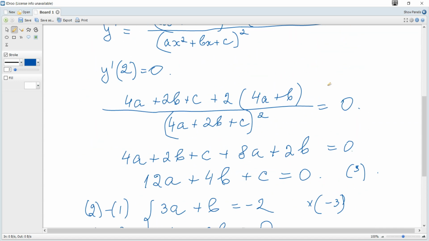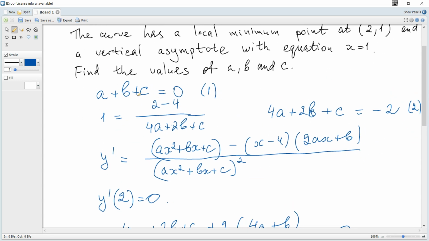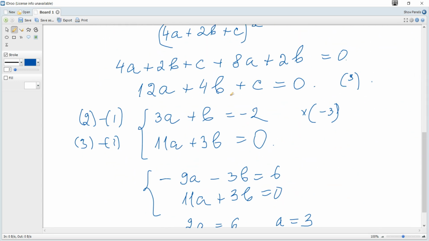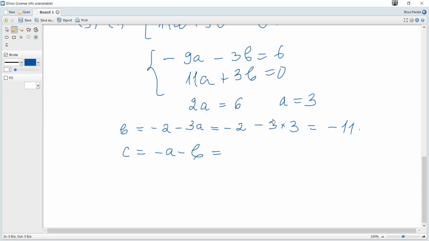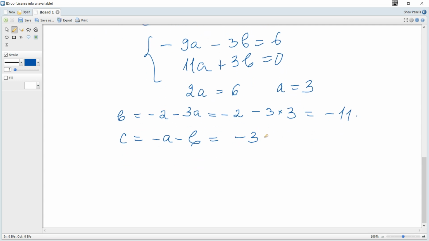And finally c, we can use, for example, this, and you can see that c is negative a minus b, which is negative 3 minus negative 11, and you can see that it's 8. So a is 3, b is negative 11, and c is 8.